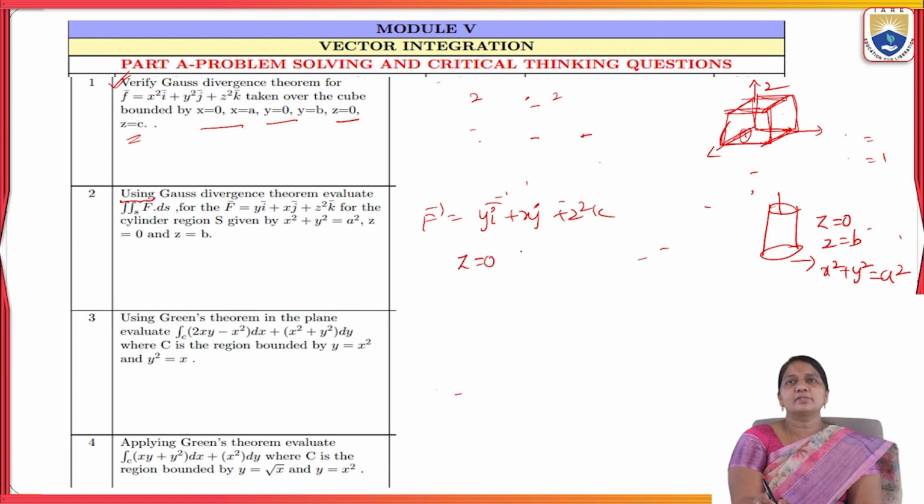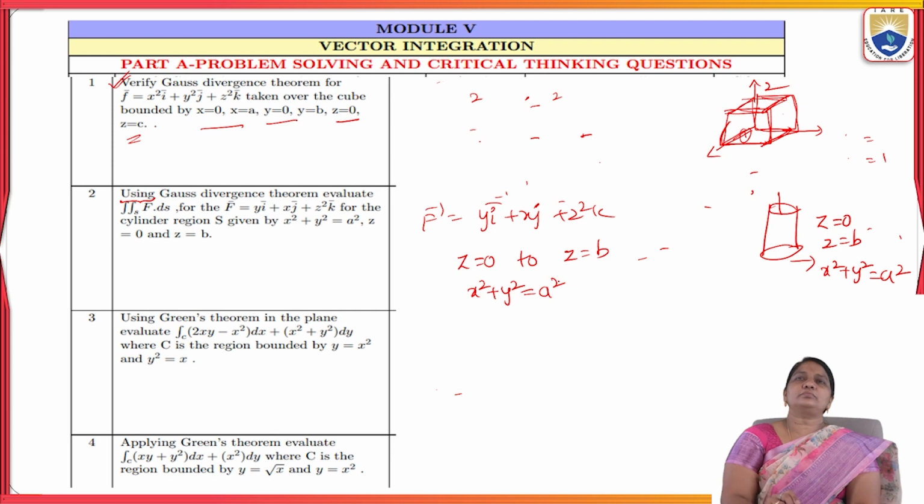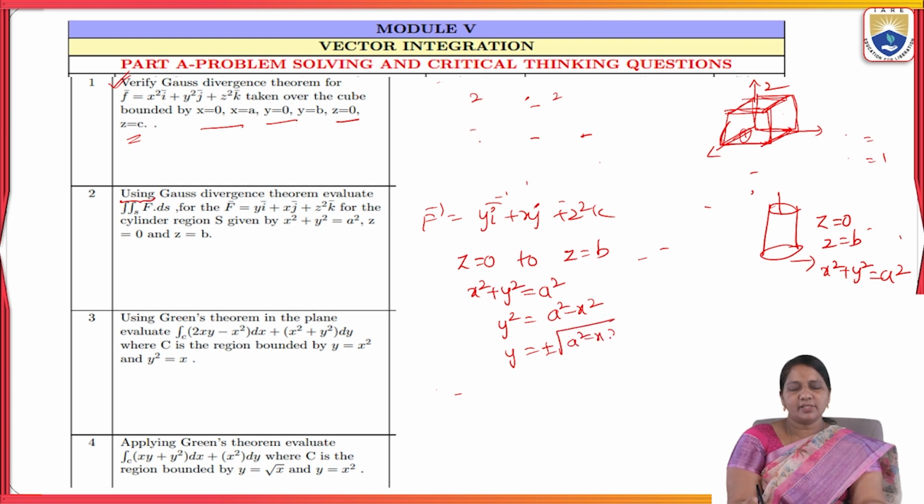That means the z limits are z equal to 0 to z equal to b, and from this circle equation we can get one more limit. If you want the y limit, y square equals a square minus x square, so y equals plus or minus square root of a square minus x square.